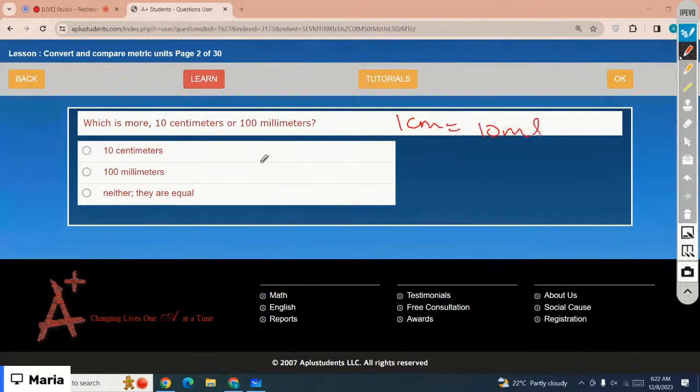So 10 centimeters equals 10 times 10, and 10 times 10 equals 100 millimeters. So they both are exactly equal. So they are equal, right?